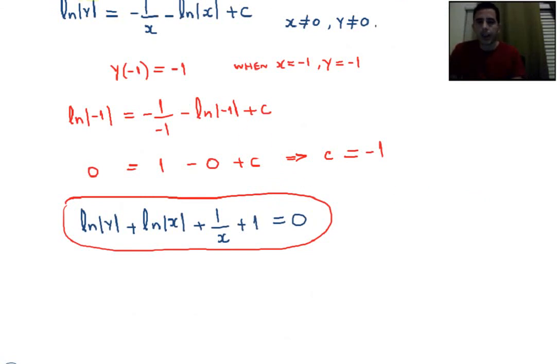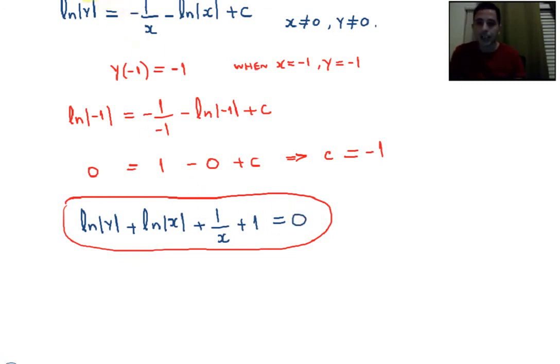Now we can write this as an explicit solution. It looks like we can, because here, see, the natural log plus another natural log, we can actually combine them. So this solution here is okay. You could stop here, but if we can get an explicit solution, then that's better. In fact, the exercise really asks you to find an explicit solution.